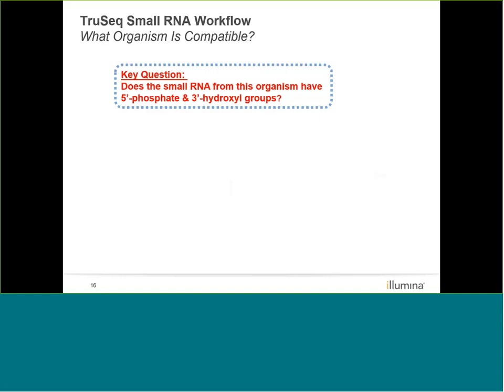If the answer is yes, then it is compatible. We know all animals have this chemical modification. The plants, same thing, insects, they all have the 5' phosphate and 3' hydroxyl groups. For other organisms, we recommend that you check the literature and see whether the small RNAs from the organism have the right chemical groups.